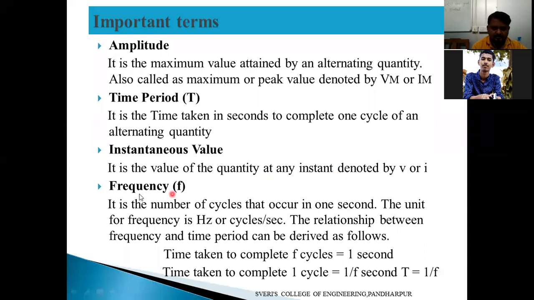Next heading, you take down frequency. In brackets, F. Next line, in double inverted commas you write down: It is the number of cycles that occur in 1 second.